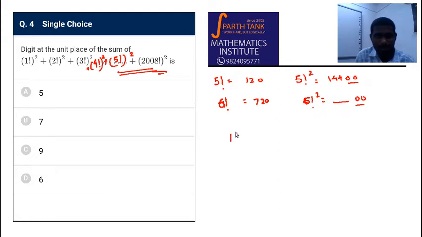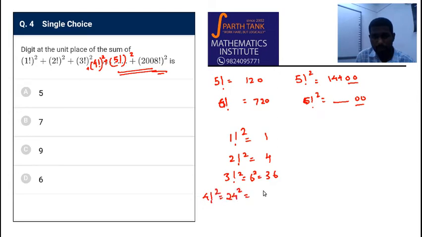That is, 1 factorial square is 1, 2 factorial square is 4, 3 factorial square is 6 square, 36. 4 factorial square is 24 square, 576. So this becomes 627. So the digit in the units place is 7.